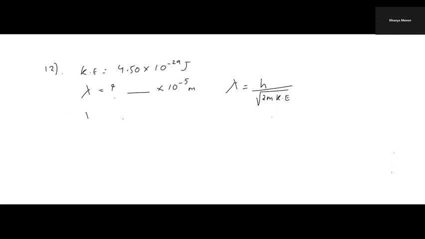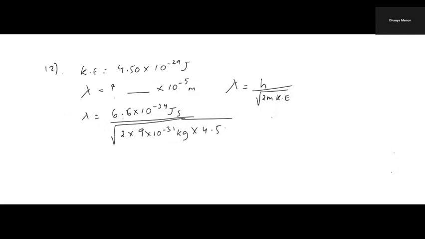Lambda is equal to, the value of Planck's constant is given, 6.6 times 10 raised to minus 34 joule second, by root of 2 times the value of mass is given, 9 times 10 raised to minus 31 kg. And the value of kinetic energy is also given to you, 4.50 times 10 raised to minus 29 joules.